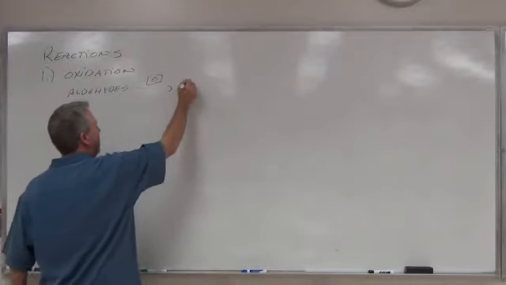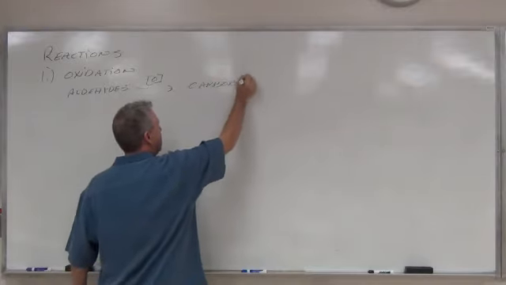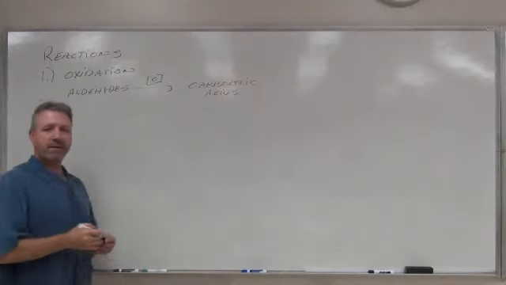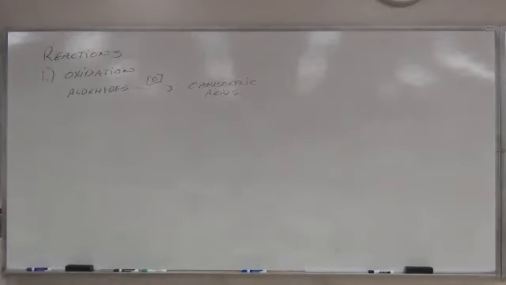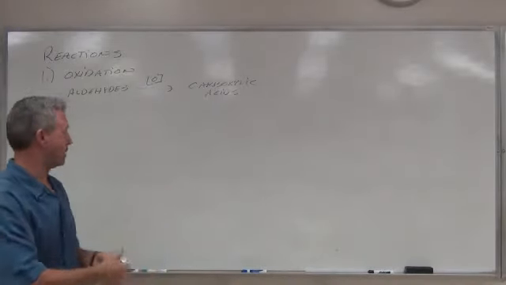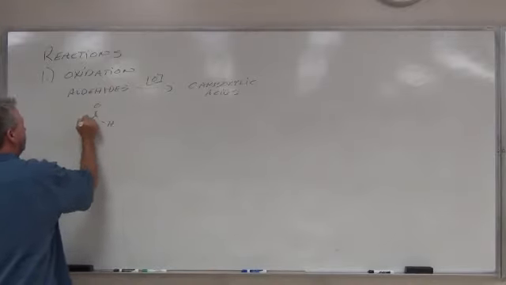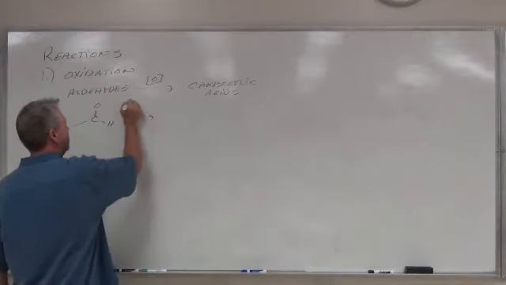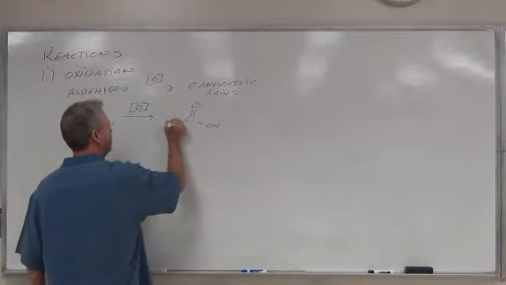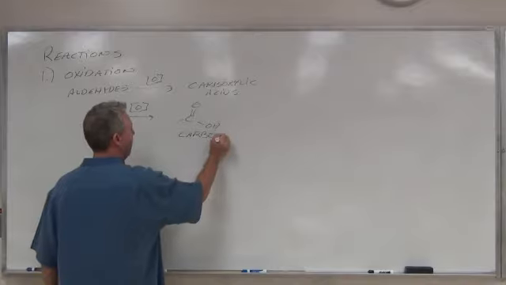Aldehydes oxidize to carboxylic acids. Right? That's the second part of the primary alcohol part, right? Primary alcohols oxidize to aldehydes, which oxidize to carboxylic acids. So we have our aldehyde group. We oxidize it. We get our carboxylic acid. Again, there's our, don't know this one yet, but we will.